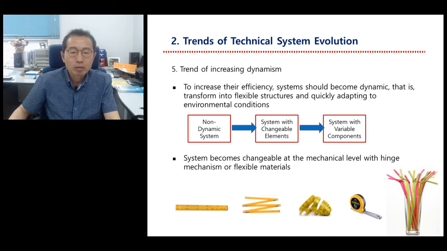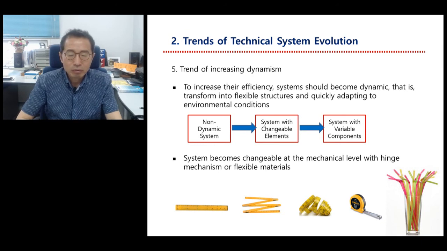Next, the trend of increasing dynamism. The fifth trend is that the system develops from a static structure to a mobile structure that varies with the surrounding situation.